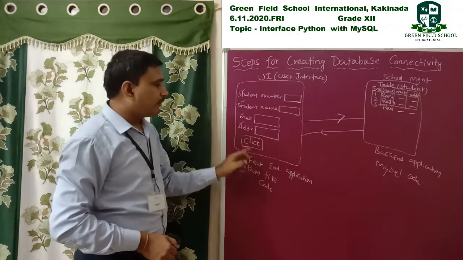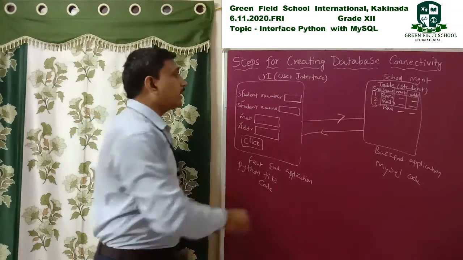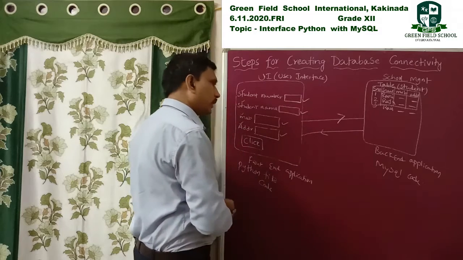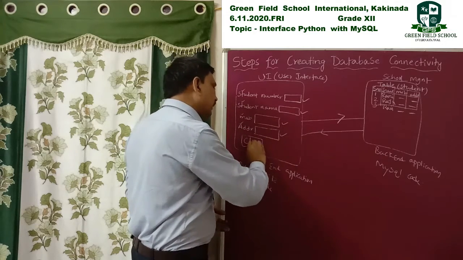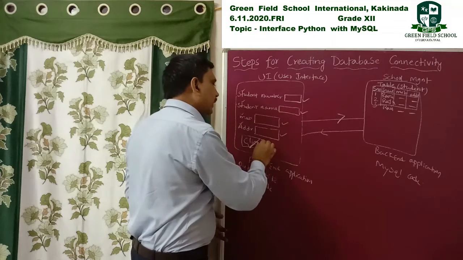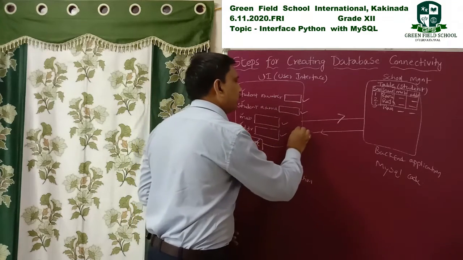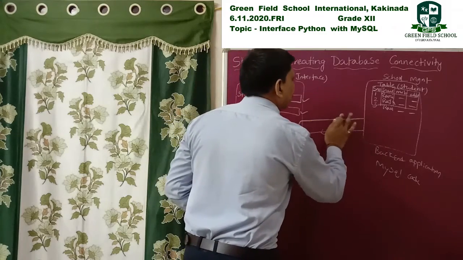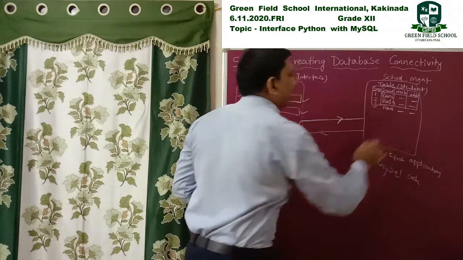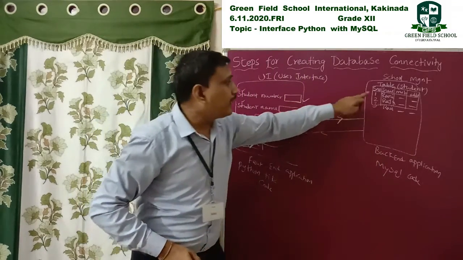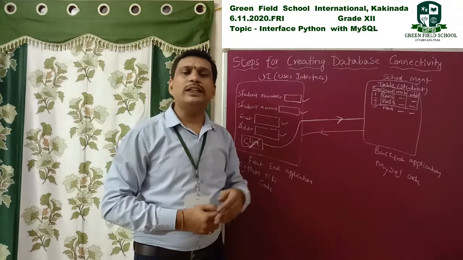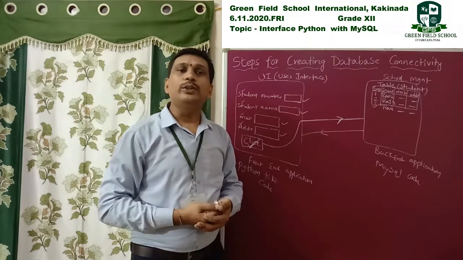When I am clicking this one, immediately all this data is transferred from this application to this database application and stored in this table. I already entered 1, 2, 3 in that table, having 3 students' data. I enter here new data.